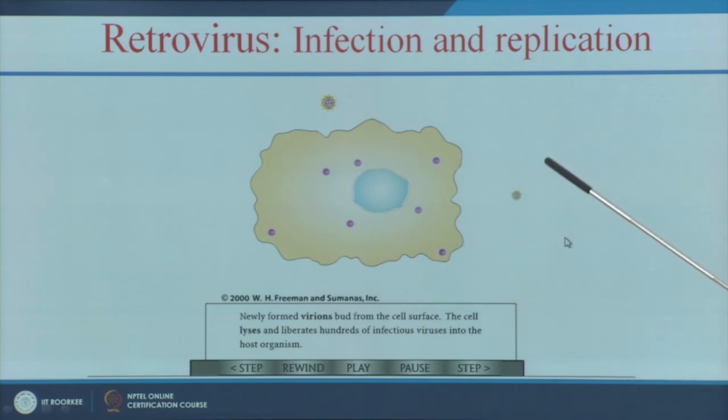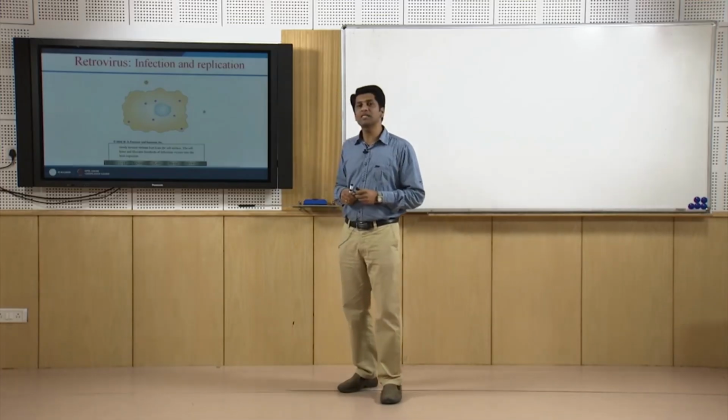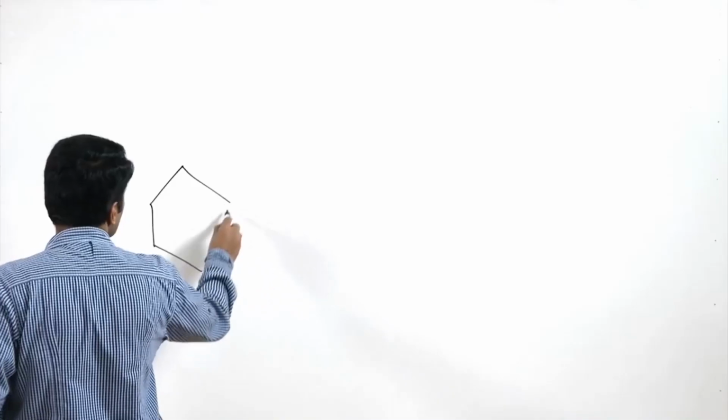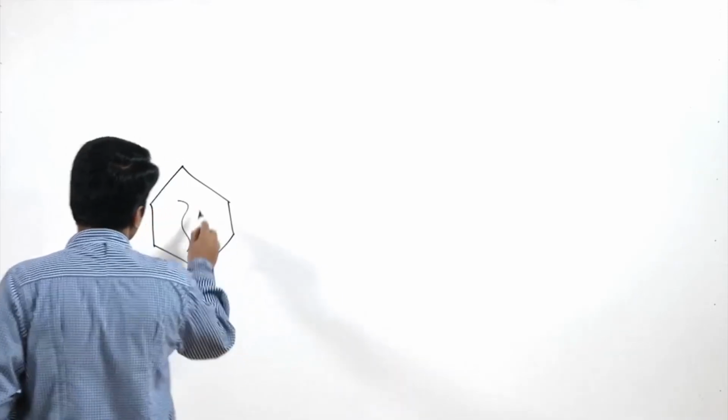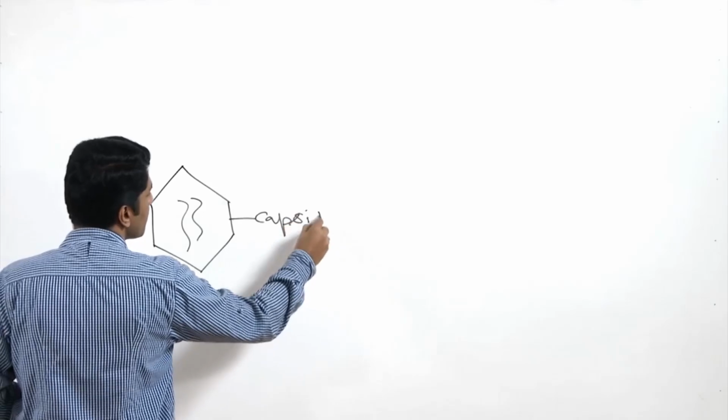From this we can understand which components are important for viral infection and replication. So let us see how we can use this virus structure for various applications. So this is a viral capsid.